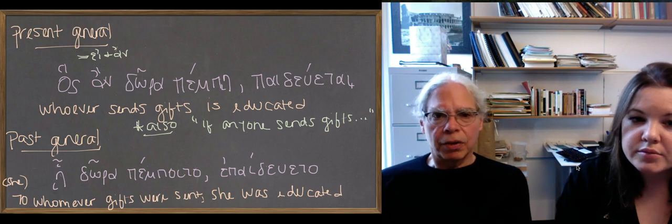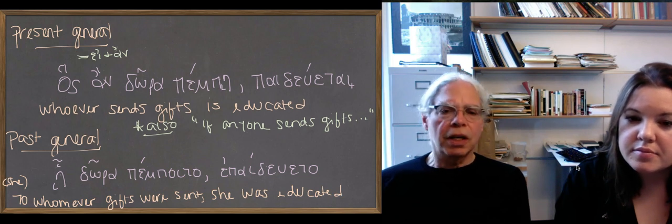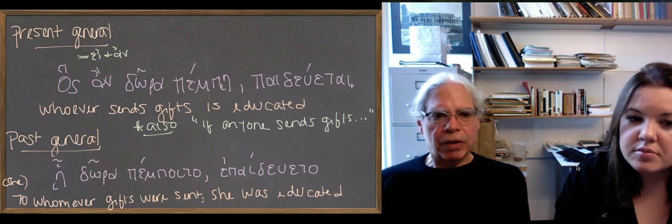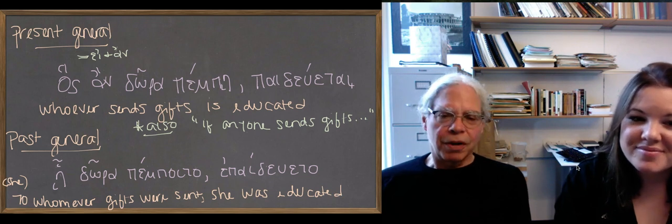And then paideuetai, he is being educated. So the shorter version is whoever sends gifts is educated, or if anyone sends or is sending gifts, he is being educated. The past general version, we've changed the pronouns around so you don't get fixed expectations that the relative pronouns are always going to be nominative.